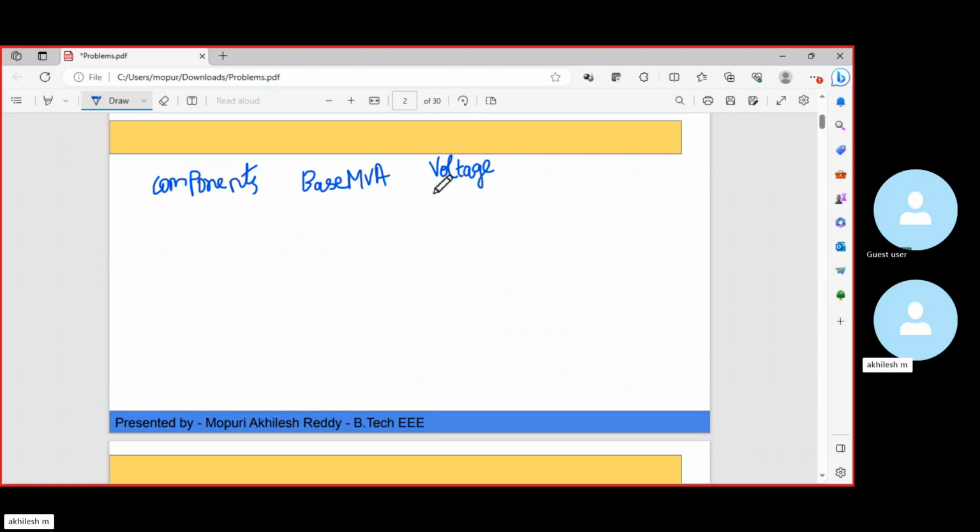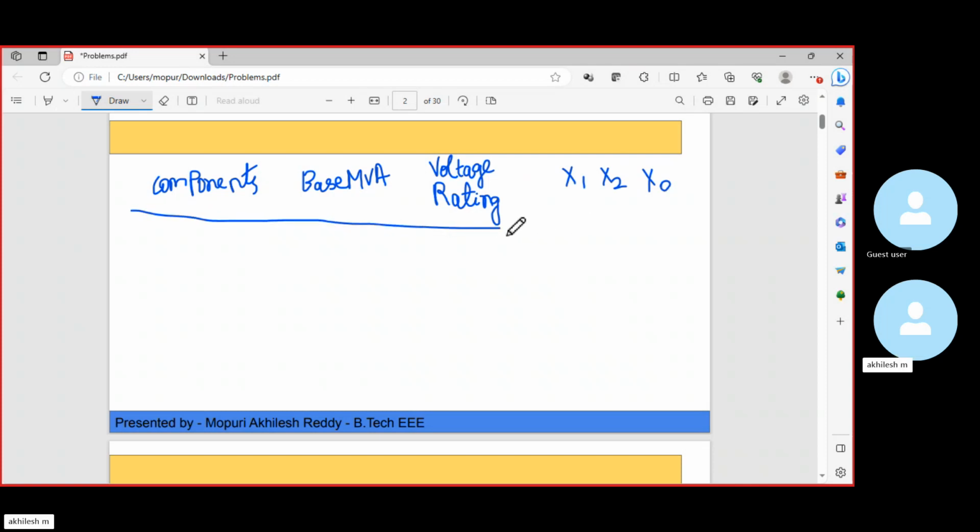Then instead of giving the per unit values, they will give the positive sequence, negative sequence, and zero sequence: X1, X2, and X0. X0 is the zero sequence, X1 is the positive sequence, and X2 is the negative sequence.